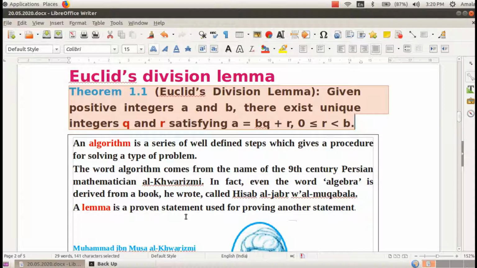This statement we can use for solving some other problem or proving some other theorems. An algorithm is a series of well defined steps which gives a procedure for solving a type of problem. So that is the difference between lemma and algorithm.